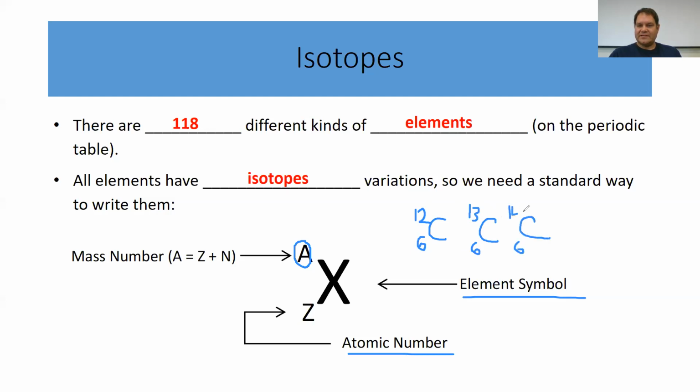Again, we put the mass number up at the top left-hand corner and the atomic number at the bottom, okay? So in this class especially, we're going to represent the isotopes of an element in this manner using this elemental symbol notation, okay? So get familiar with it really well.